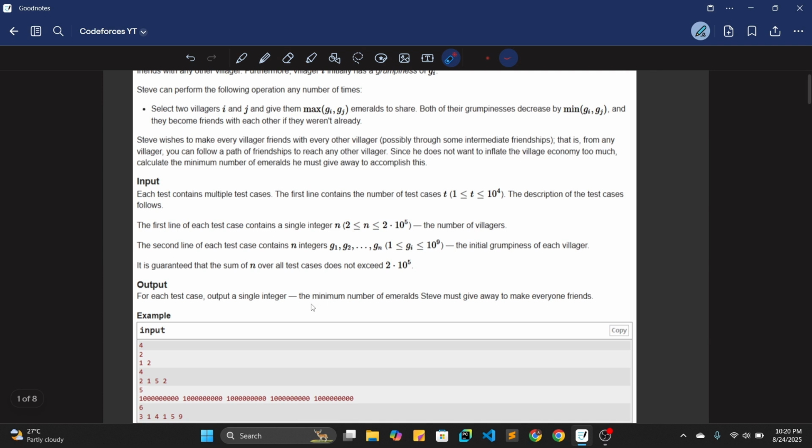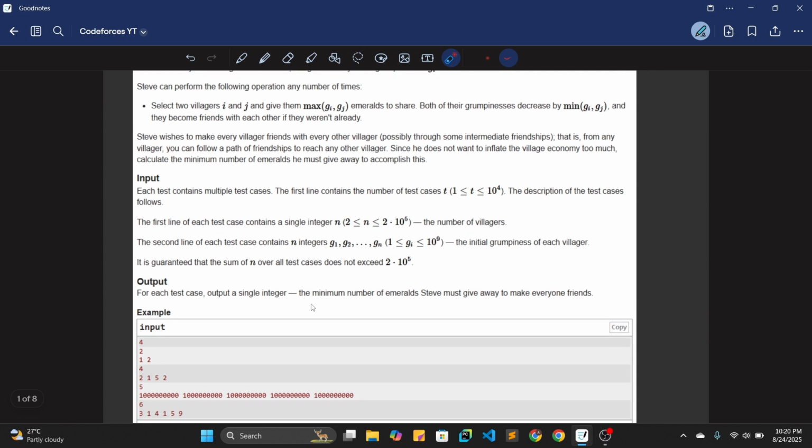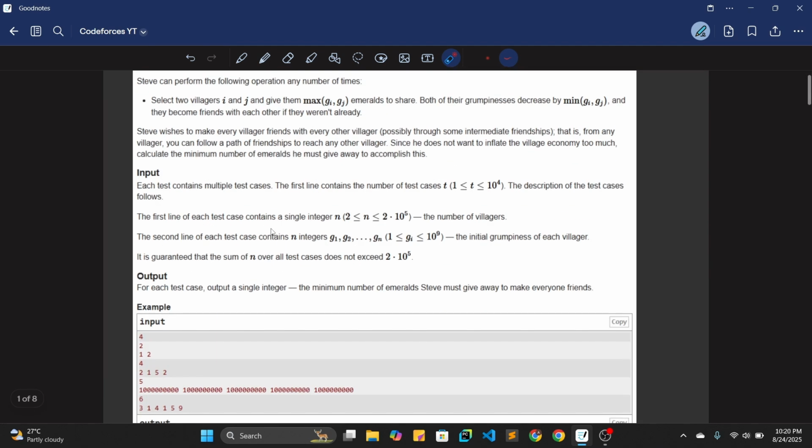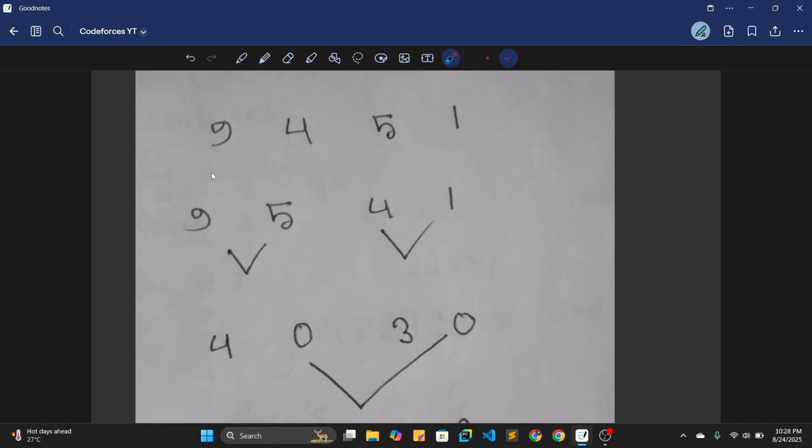In output, we have to print the minimum number of emeralds that we can give away to make all the villagers friends. So here we are given the grumpiness of 4 villagers.